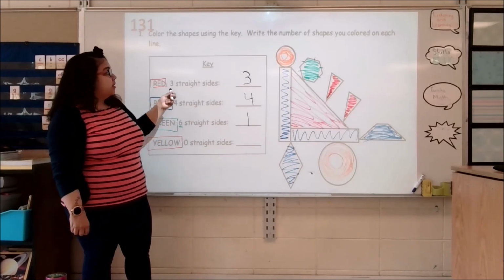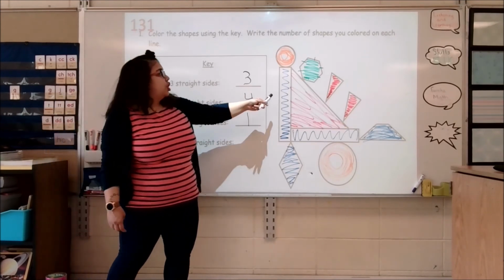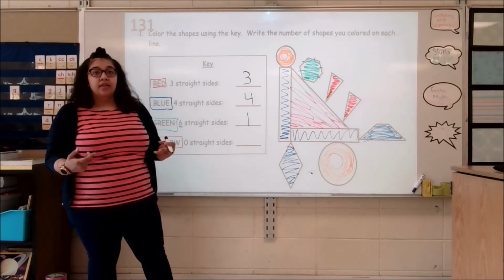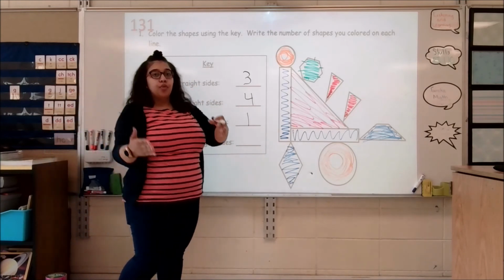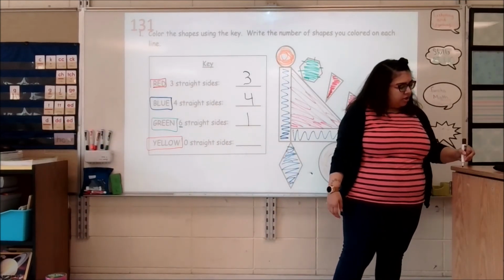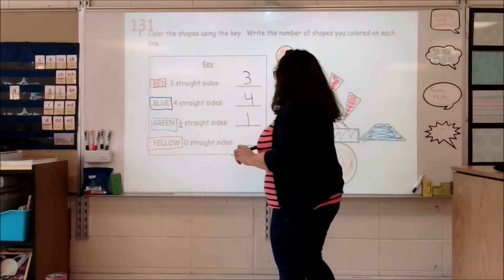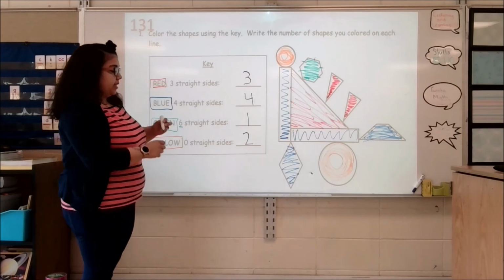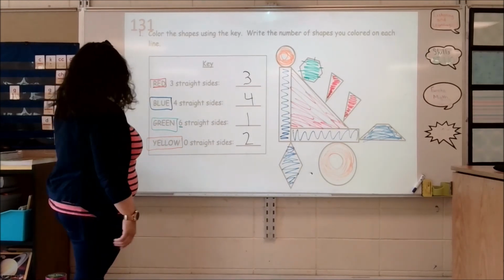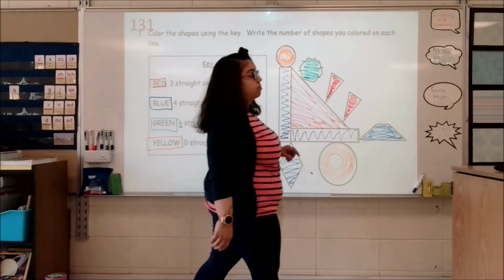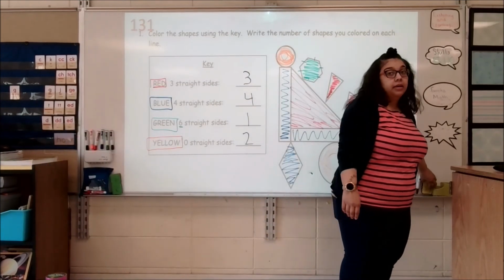So you could also say that these shapes with 3 straight sides also have 3 corners. Yes, 3 corners. Great job. So, again, we found 2 shapes with 0 straight sides and 0 corners. I'm noticing a pattern, they seem to most of the time go together.